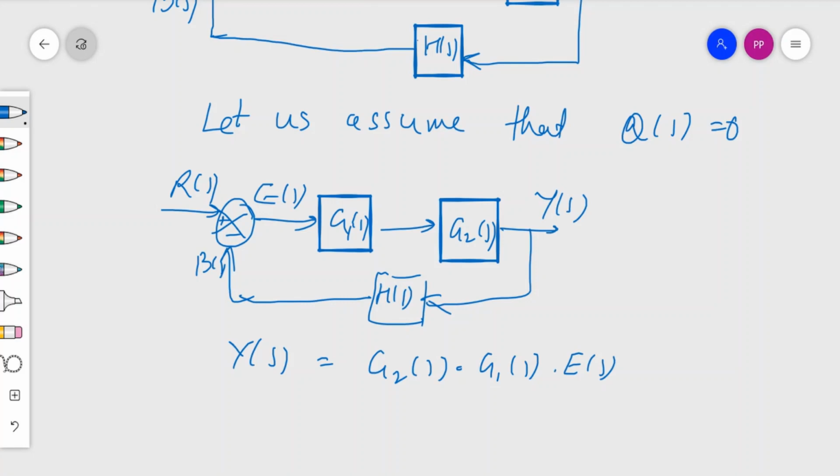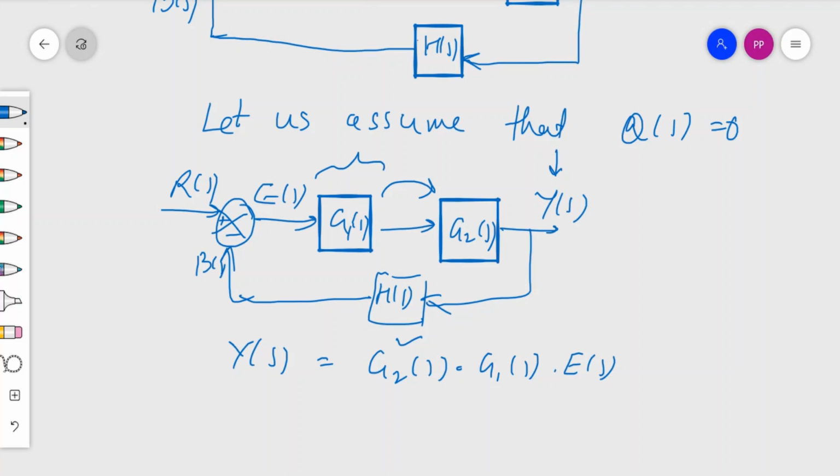Here I want to share something important about writing an expression in control domain. What I am seeing is that the outputs are written first. So this output is expressed as a combination of something from here to here. So what I am doing actually, I am taking Y(s) equal to, so the outermost portion is this G2(s). So G2(s) written first, then the next one is G1(s), because the output of G1(s) is entering the G2(s).